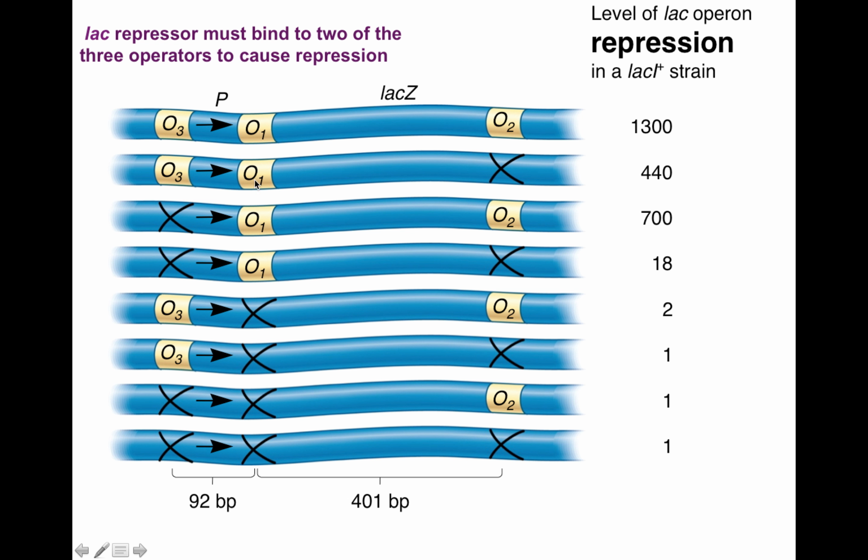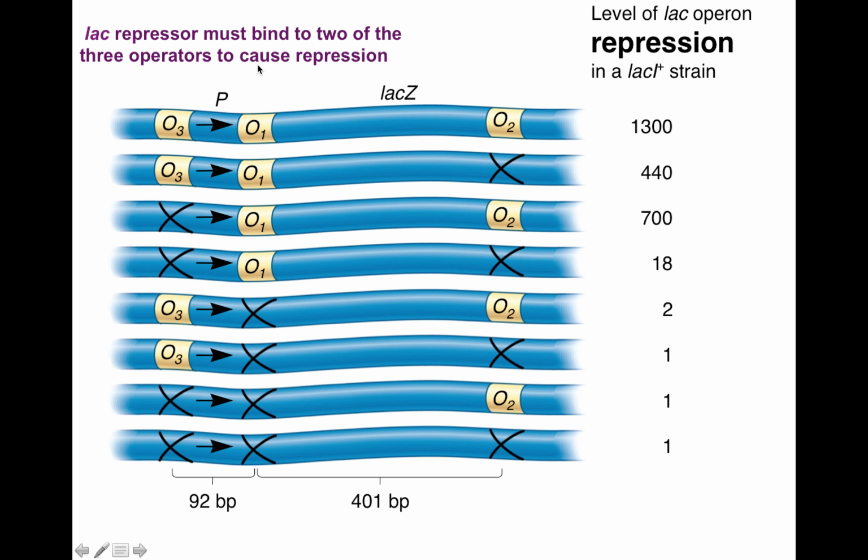The first one is just downstream from the promoter region. The second one is actually within the LAC-Z gene, and the third one is upstream from the promoter. In order for repression to be achieved, the Lac repressor must bind to 2 of the 3 operator sites.